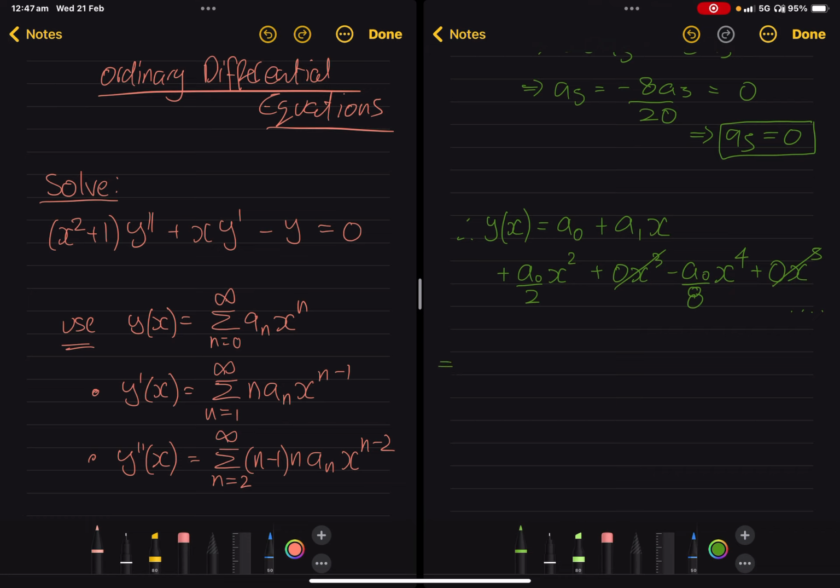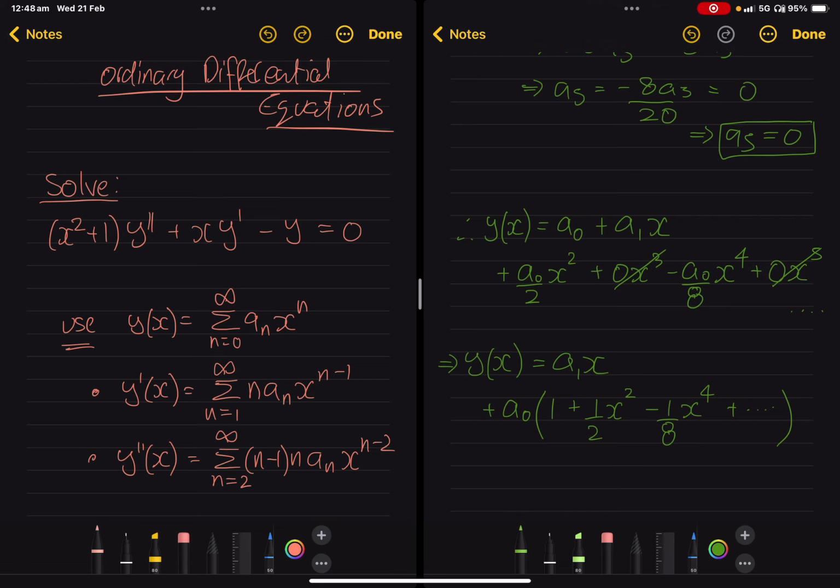So if we choose to rewrite this, we could say y of x is actually equal to a1 times x, so some number times x, this is some solution, plus a0 times 1 plus 1/2 times x squared minus 1/8 x to the 4, and so on. So this is the form of the solution.